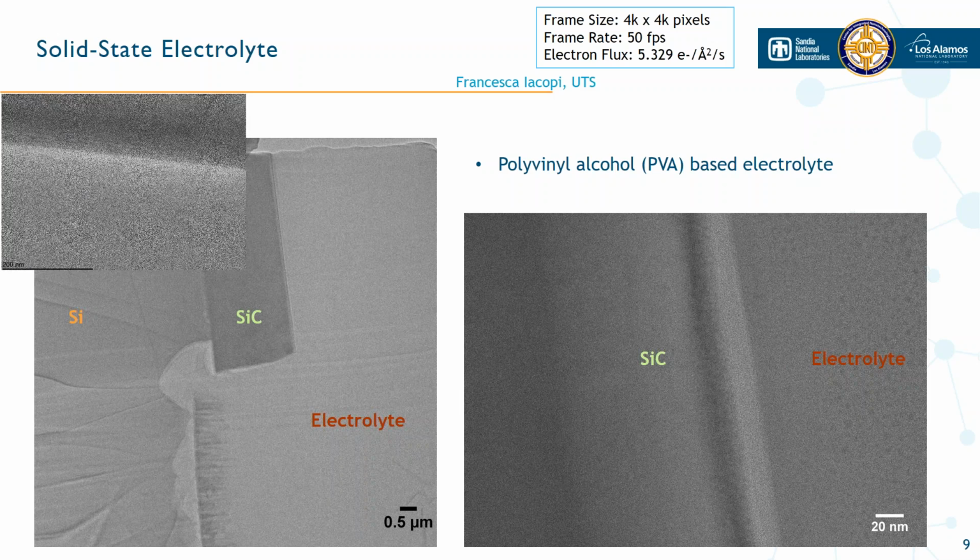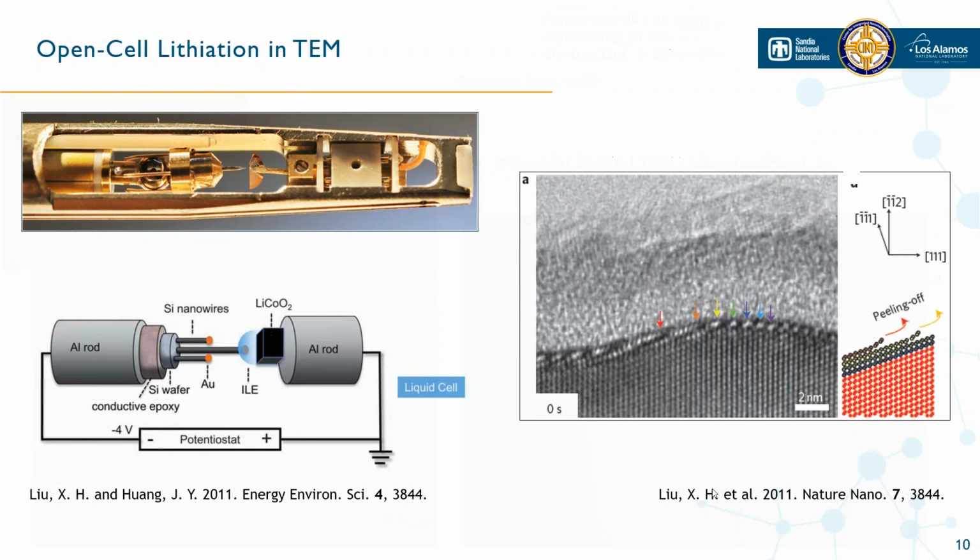The next series of experiments I'm going to show are based on these open cell lithiation studies. On the top left, you have an image of the Nanofactory STM TEM holder. This is the setup where you have on one side a probe with some lithium metal.